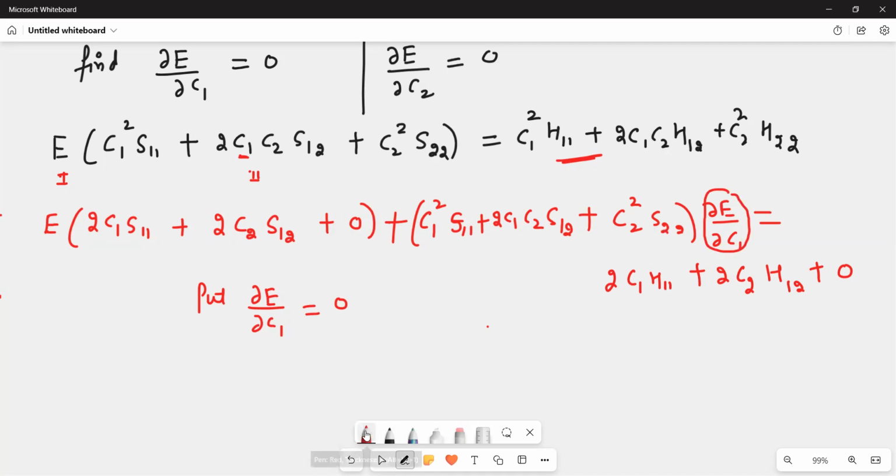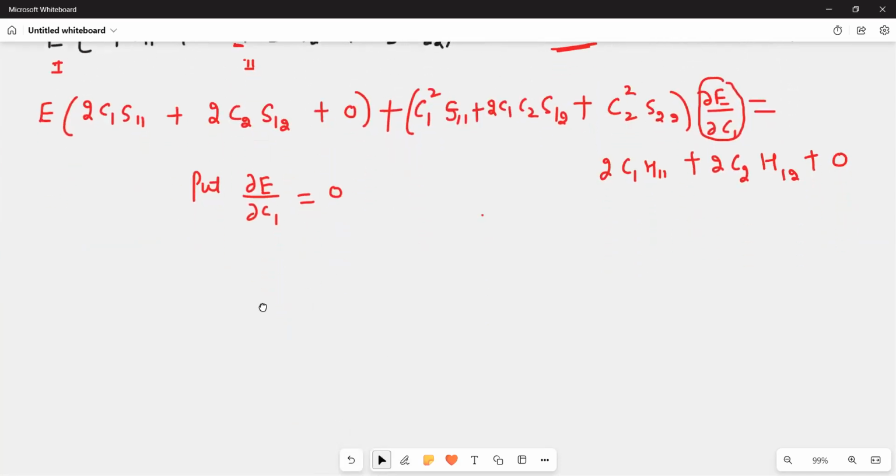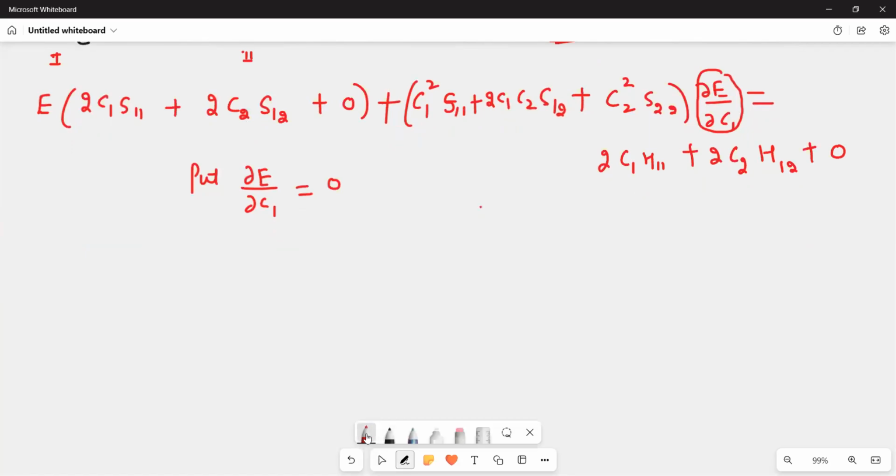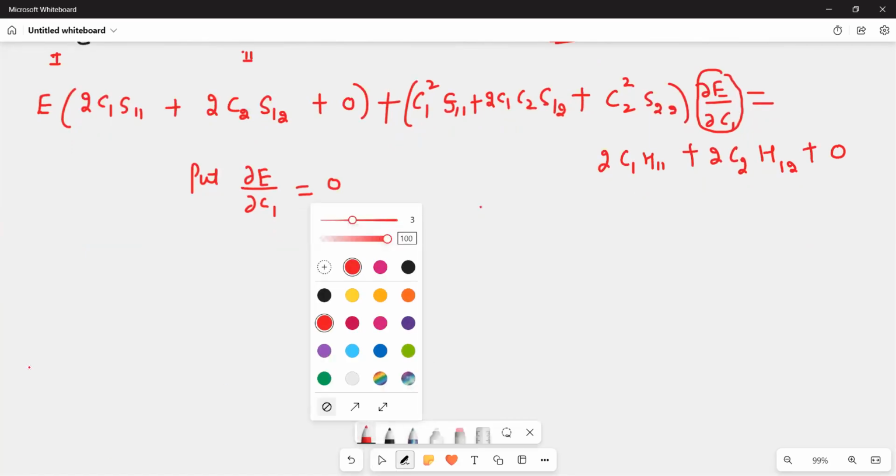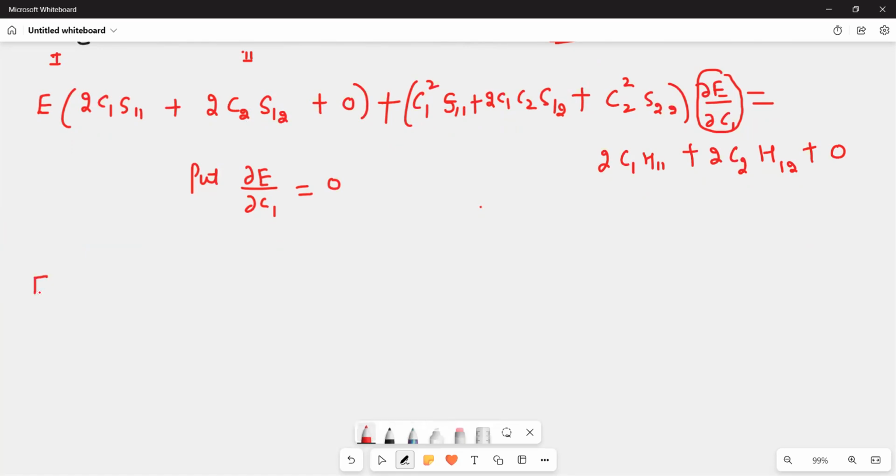By putting this differential factor equal to 0, you will get E into 2C1 S11 plus 2C2 S12 equals 2C1 H11 plus 2C2 H12.